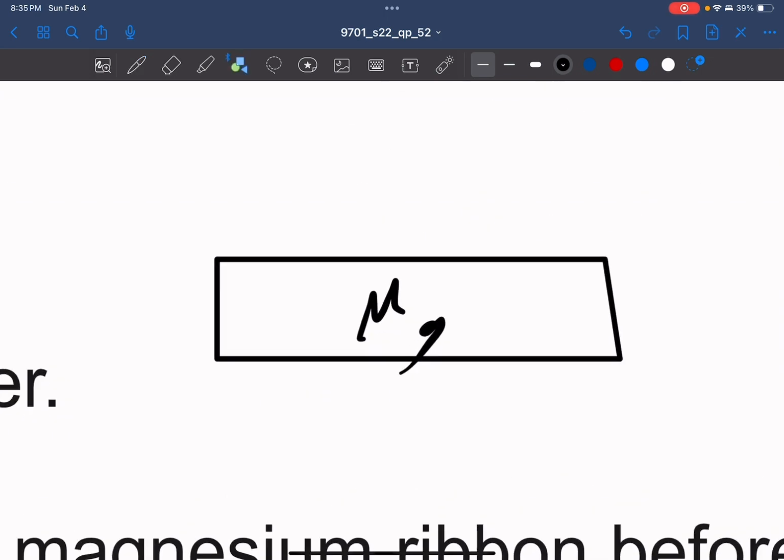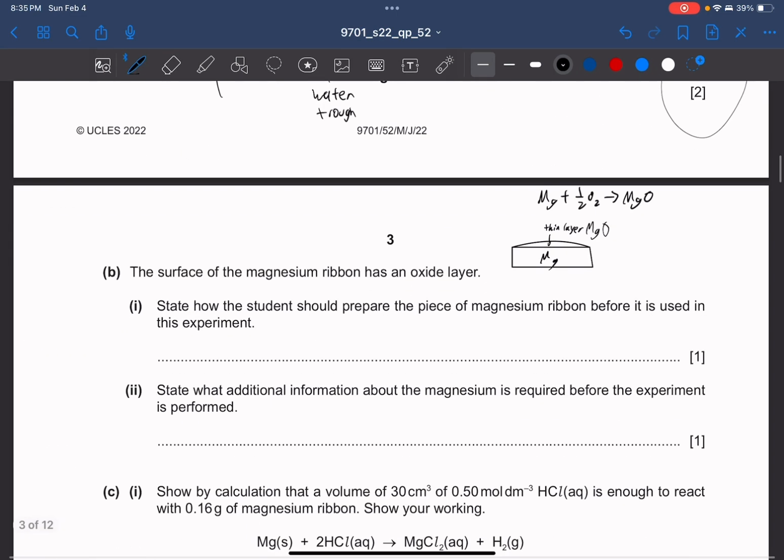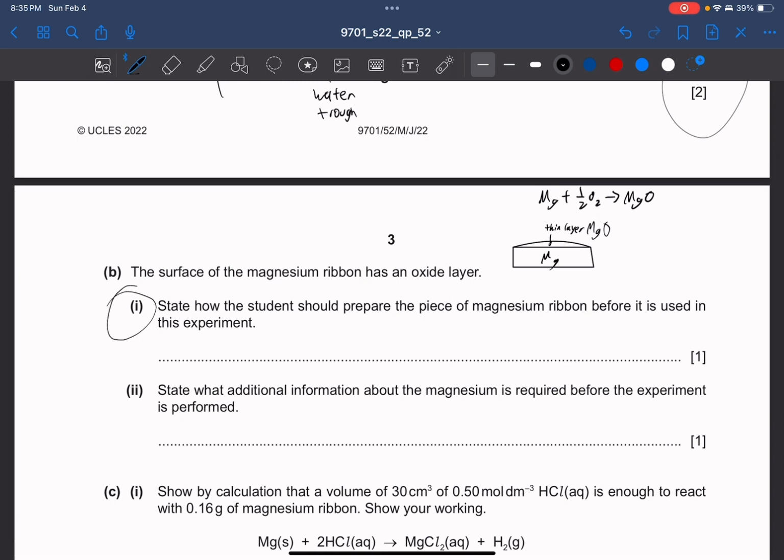So on this Mg metal, you're going to have a very thin layer of MgO. And here the question is asking how we should prepare the piece of magnesium ribbon.